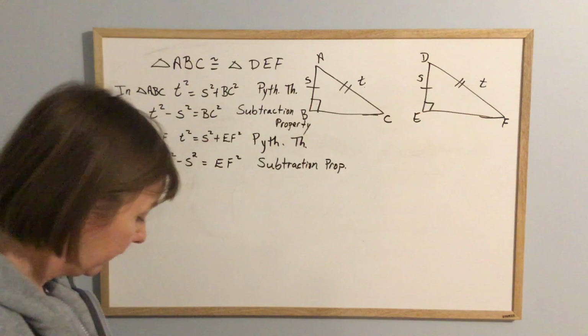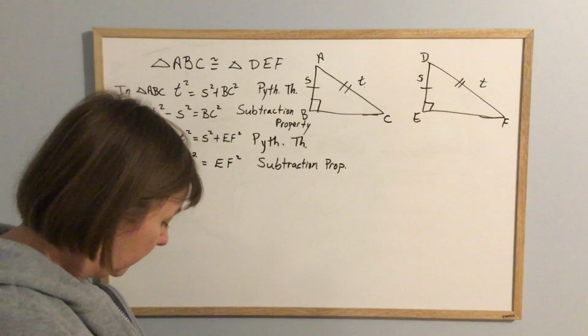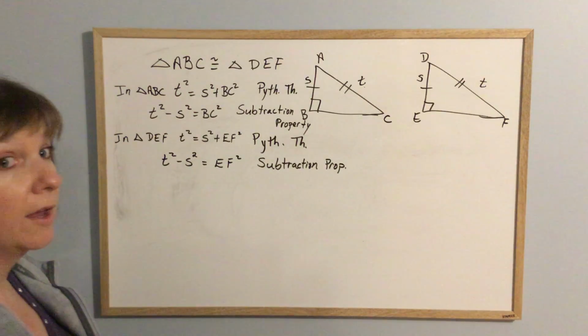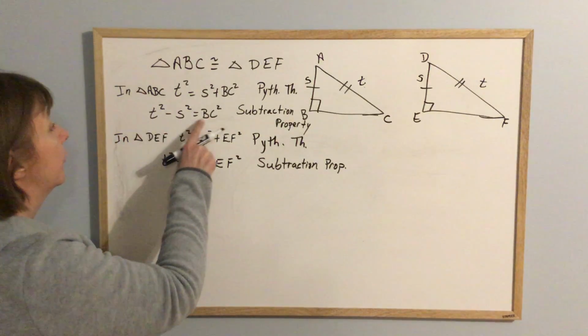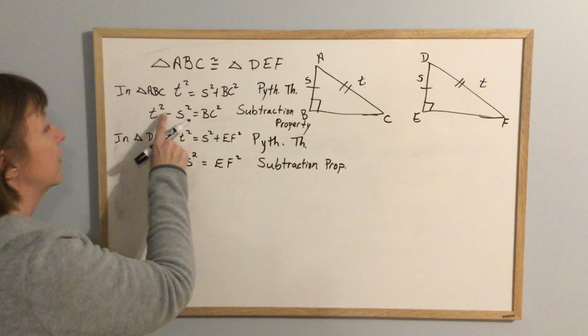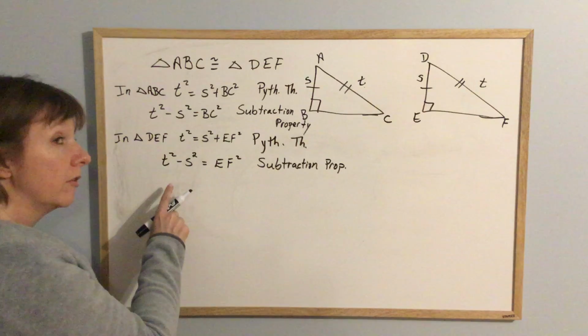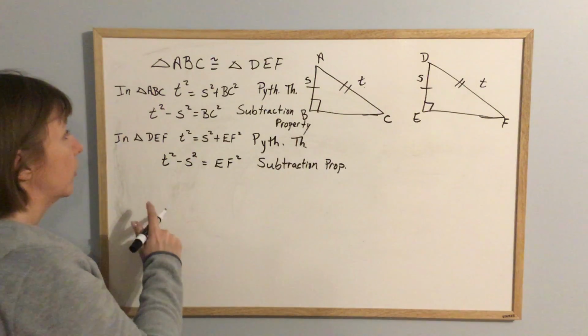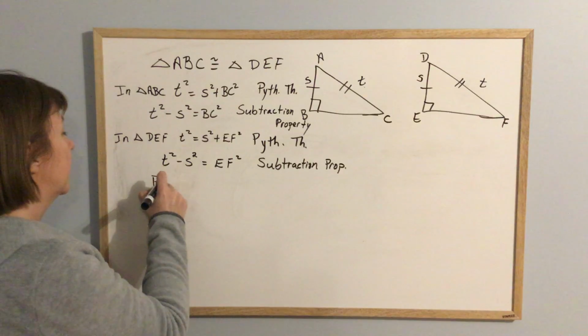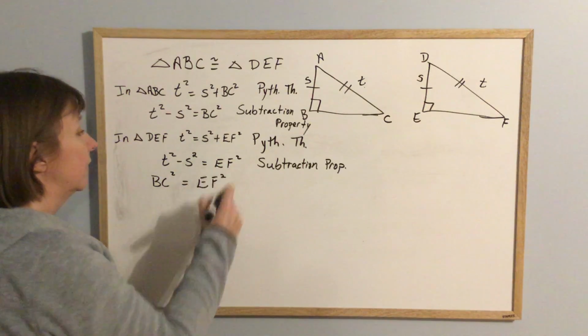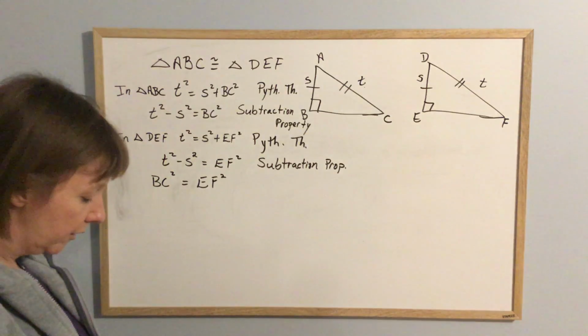Now, then what they do is they say, based on everything I have up here, so if BC squared is T squared minus S squared, and EF squared is also T squared minus S squared, then I can make a statement that says BC squared is equal to EF squared.